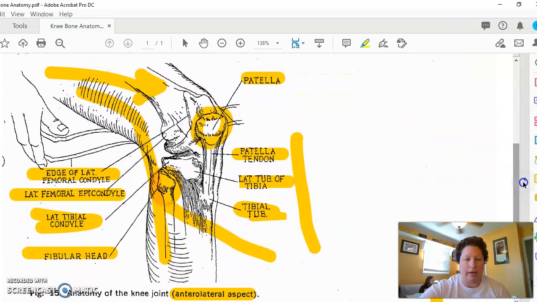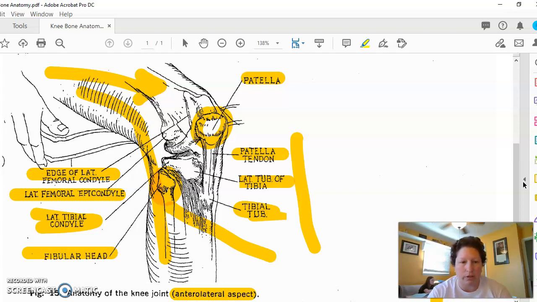If we look at the lateral aspect of the knee, the patella stays in the same place. Right below the patella is the patella tendon, and right under that is the tibial tubercle. Those landmarks do not change from medial to lateral side. Use those as a reference point.